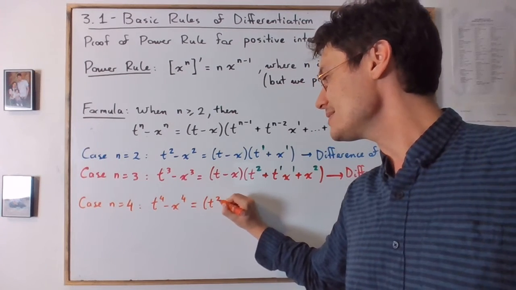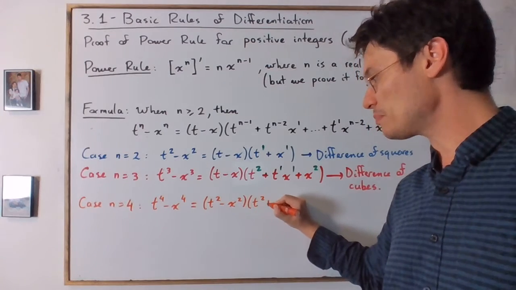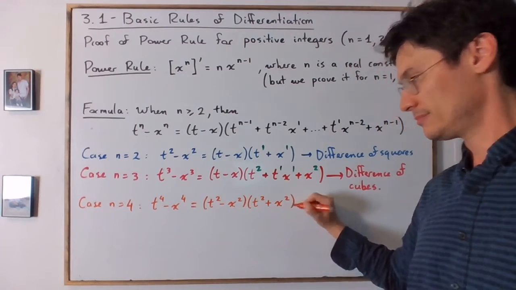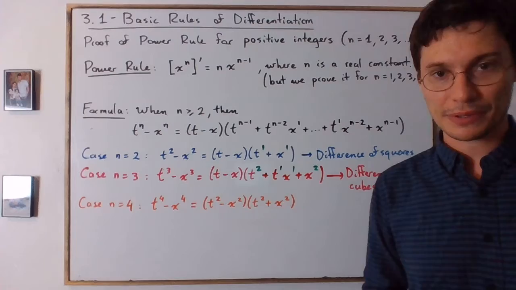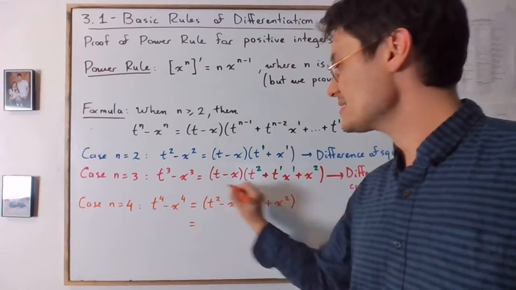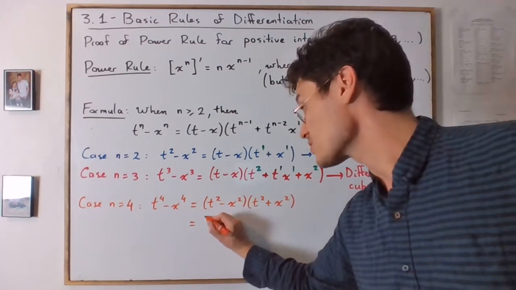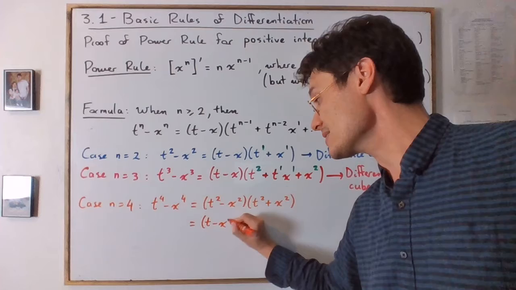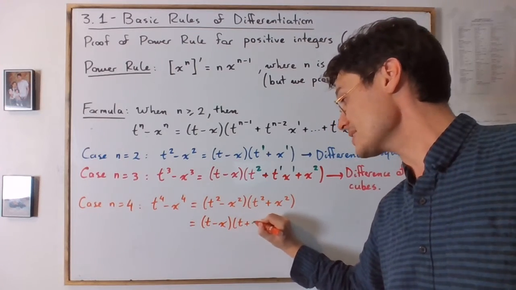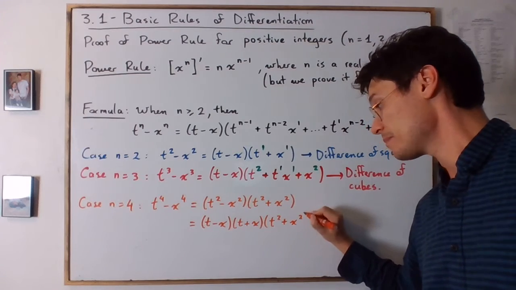You will have t squared minus x squared times t squared plus x squared. Then this is factorable again, since the first factor is itself a difference of squares. So you're going to write t minus x times t plus x times t squared plus x squared.